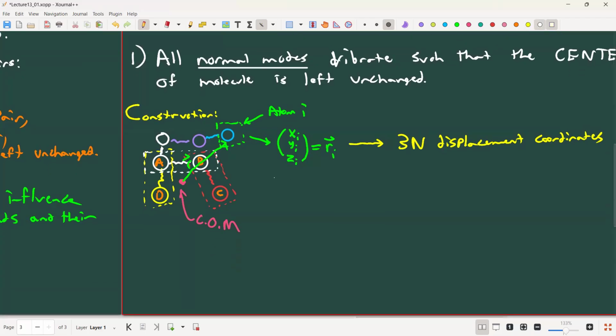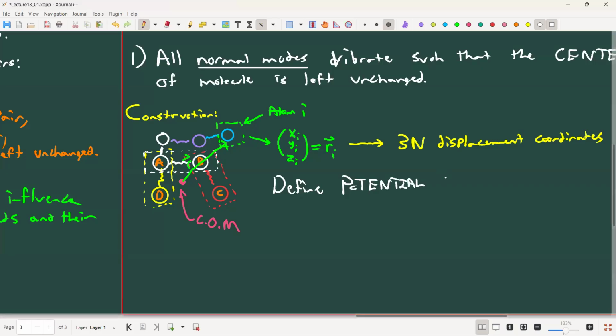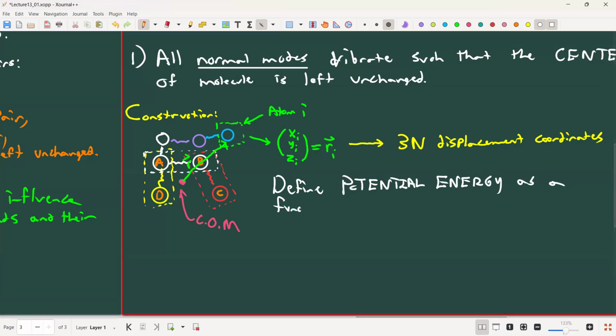Right, so I want to define the potential energy as a function of 3n displacements.